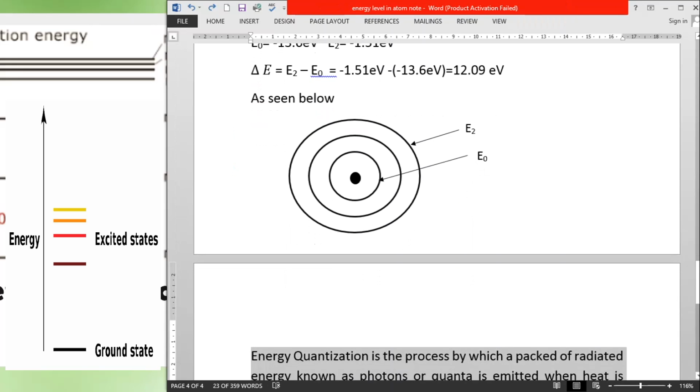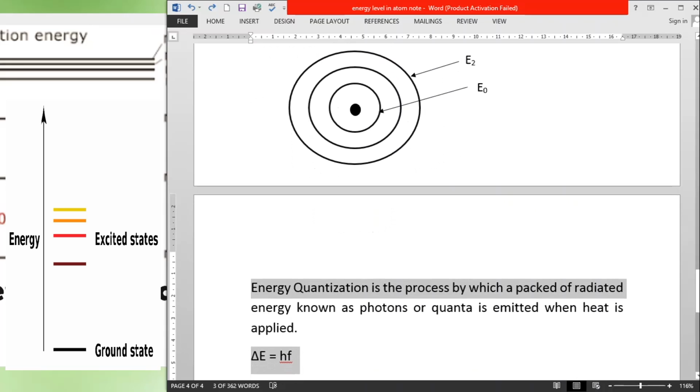So now let's look at energy quantization. What is energy quantization? Energy quantization is the process by which a pack of radiated energy known as a photon or quanta is emitted when heat is applied.